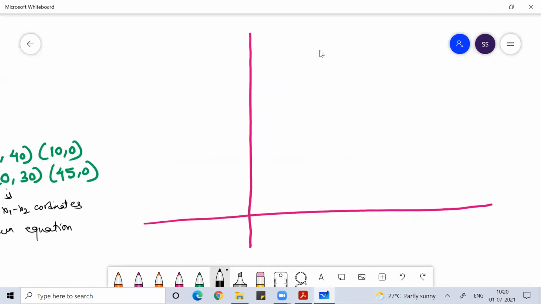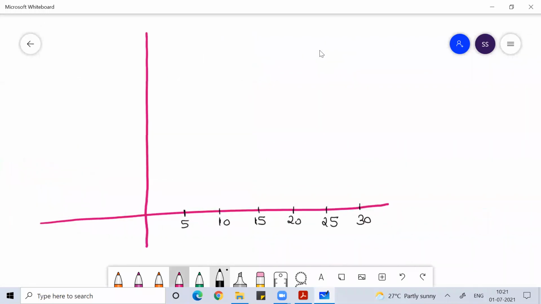You can write 0, then 5, 10, 15, 20, 25, 30, 35, 40, 45.